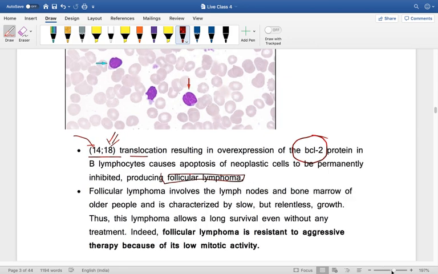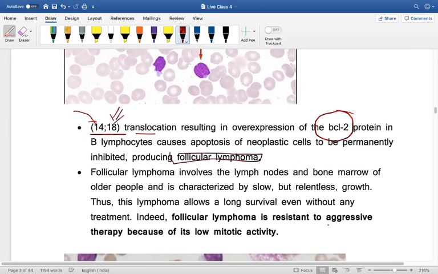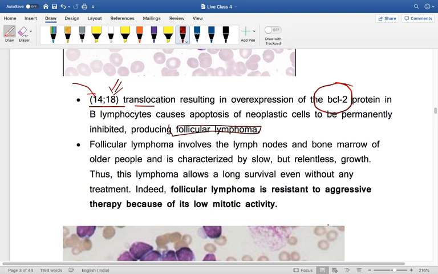Follicular lymphoma involves lymph nodes, doctor, bone marrow. Older people, it is slow, it is relentless. In fact, follicular lymphoma is so slow, so lazy, so dormant, there is no role for any aggressive therapy.